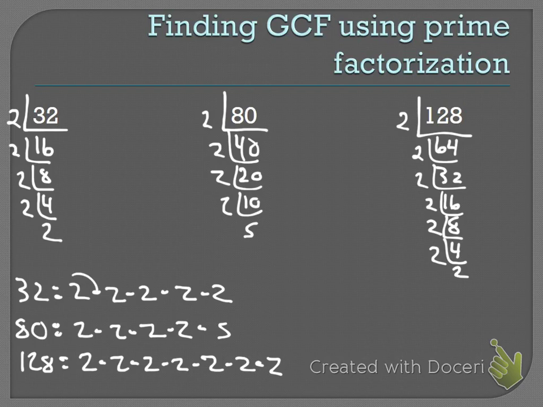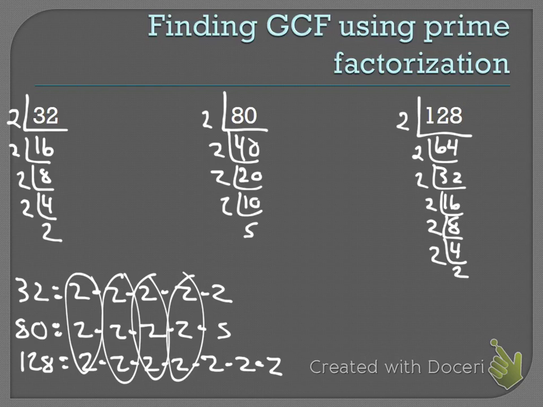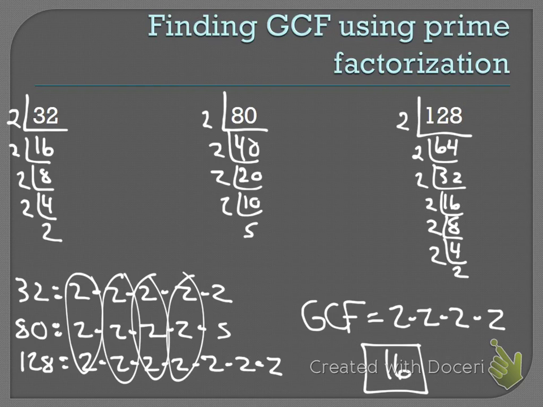Group your 2s. 1, 2, 3, 4. Can I have another group? No, because there's not another 2 in 80. So over here in my GCF, I multiply each 2 one time. 2 times 2 times 2 times 2. And what's my GCF? 16. All right. Last but not least.